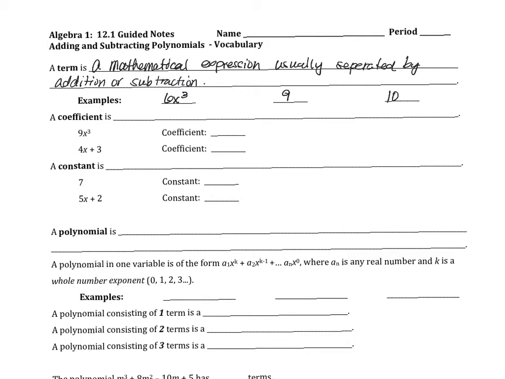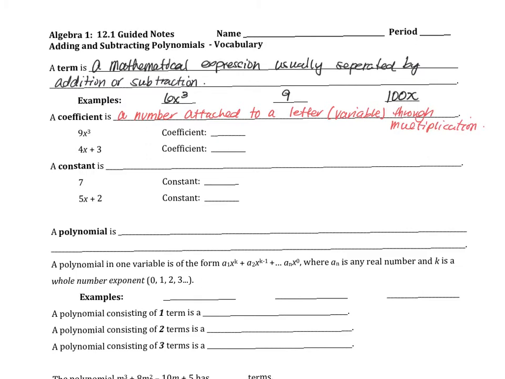9, 100, x. Okay, so now coefficient is a number attached to a letter, also known as a variable, through multiplication.